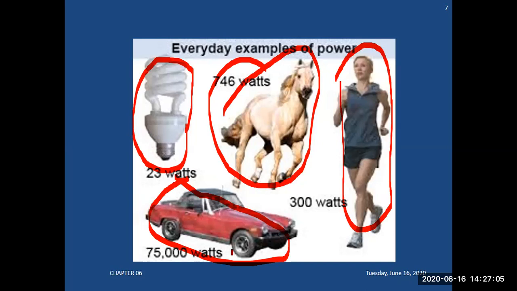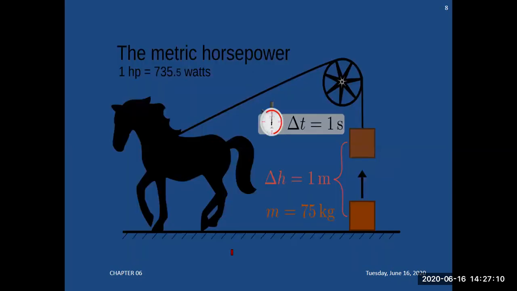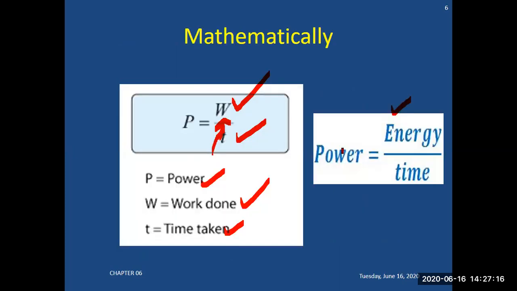The unit of power is joule per second. Power is a scalar quantity. If you look back at the formula, this one is the unit of energy. The energy unit is joule, and time is second. If anyone asks you what the unit of power is, the unit of power will be joule per second, and this is equal to watt.